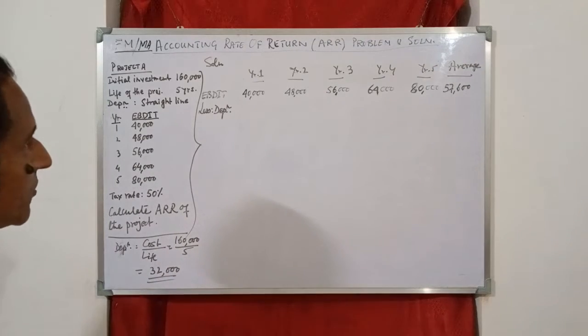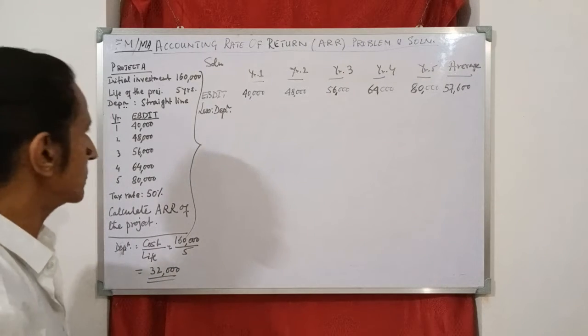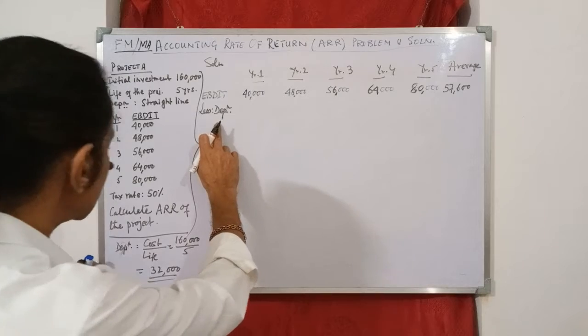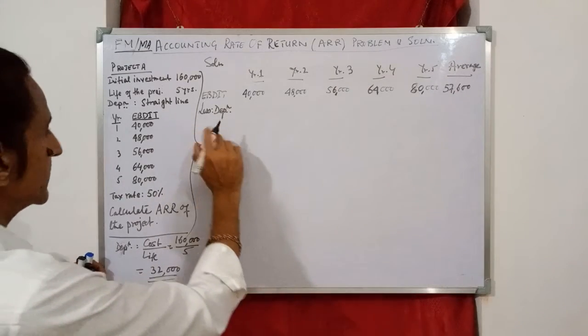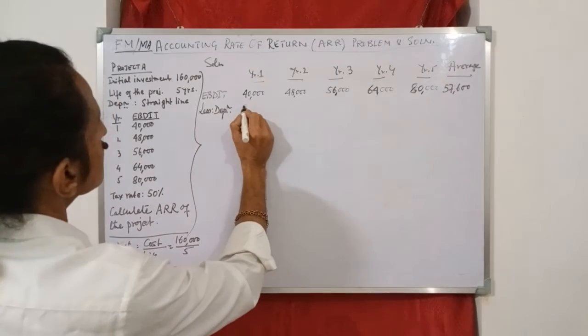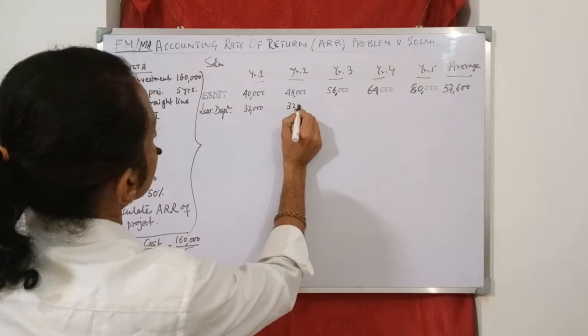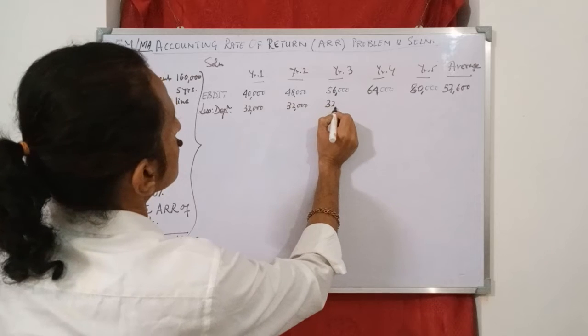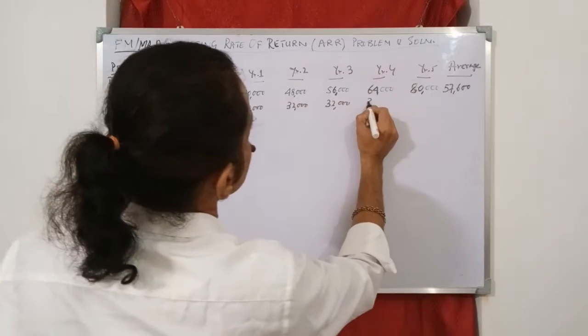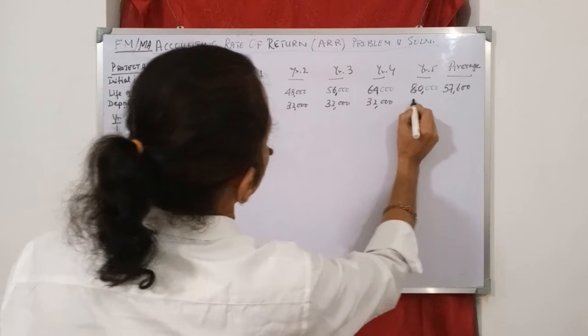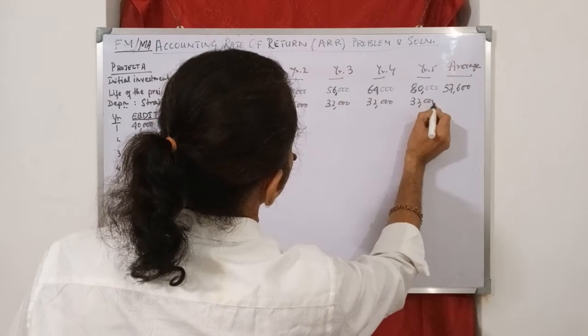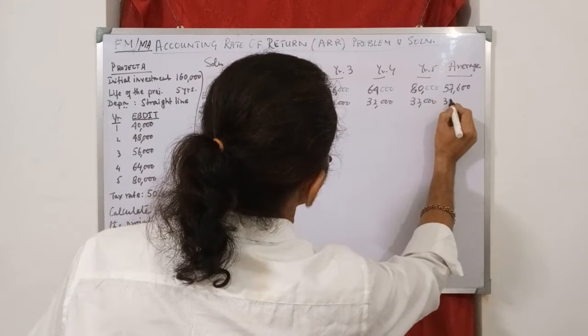So depreciation for each year is 32,000. So you have to deduct 32,000 at this stage, right? So 32,000 and 32,000. Average is certainly 32,000.